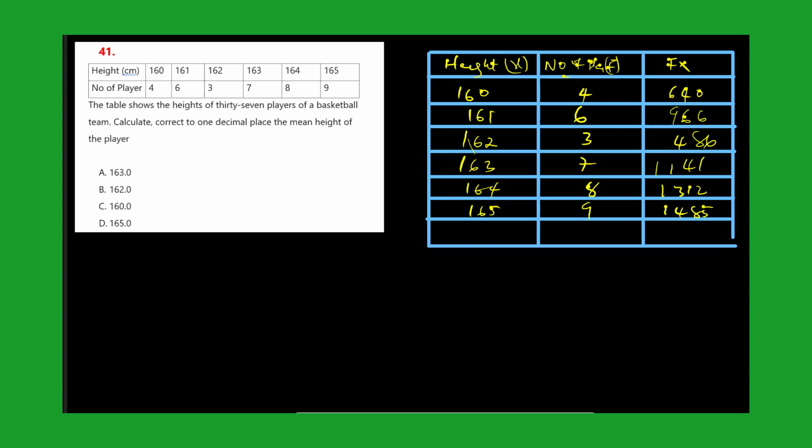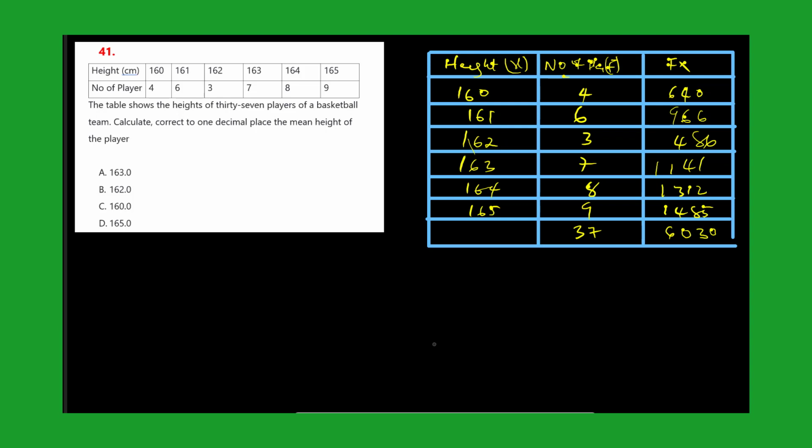Let's add up: 6,030. The summation of the frequency is 6 plus 4 plus 3 plus 7, that's 20, plus 8, that's 28, plus 9, that's 37. So the frequency is 37.